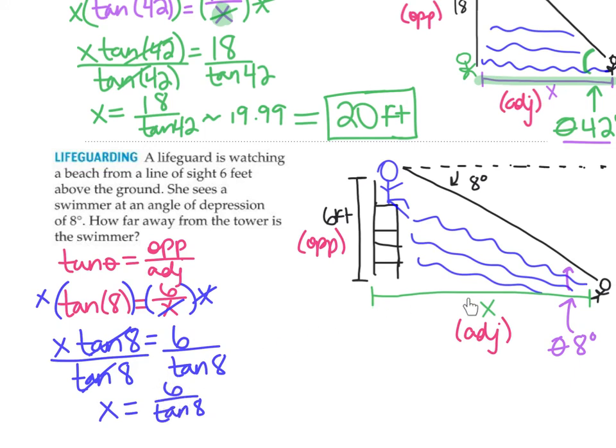Since we're looking for a missing side length, we use our regular ratio. When you type that into your calculator, you will get that x, or 6 over tangent of 8, is about 42.69. Or if we round to the nearest foot, we will have 43 feet from the tower to the person in the water. Let me know if you have any questions. Good luck today.